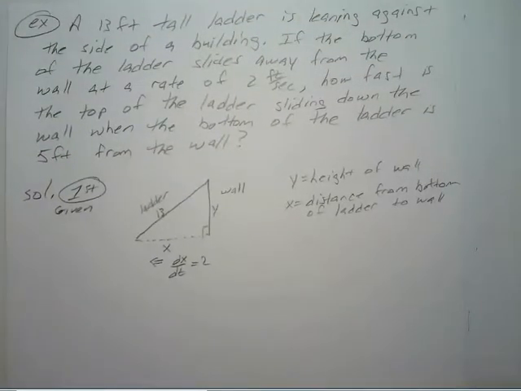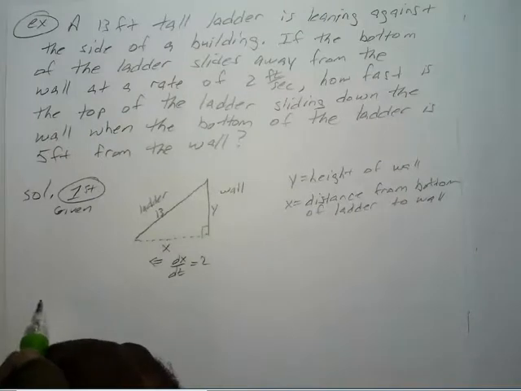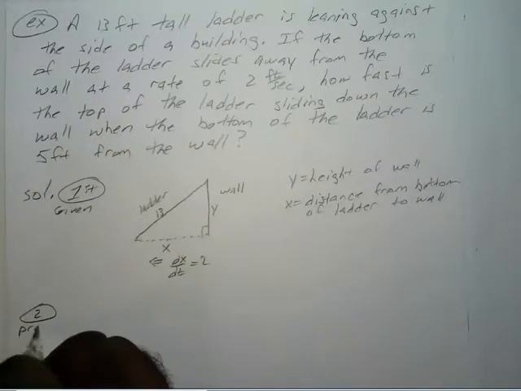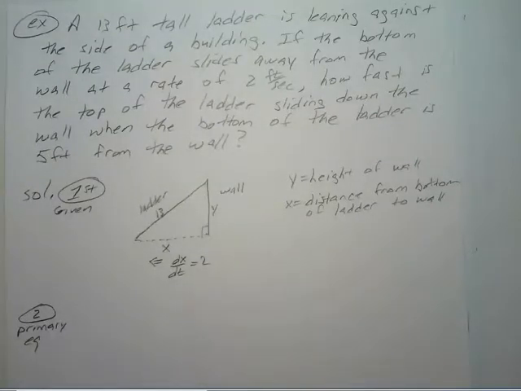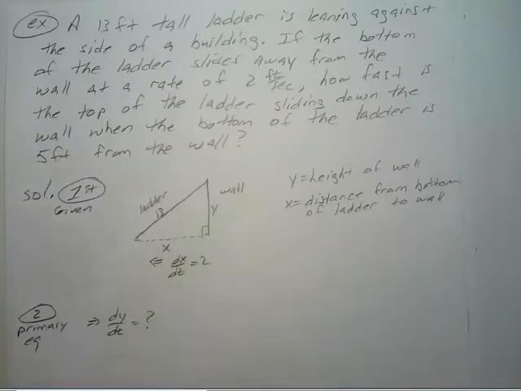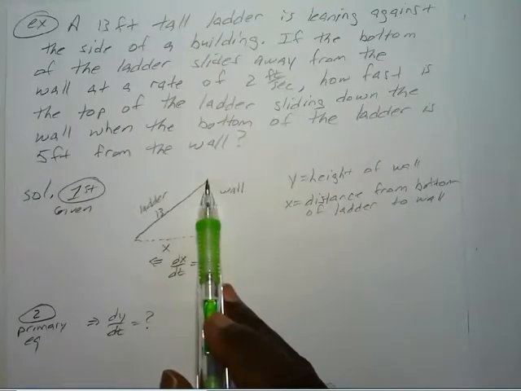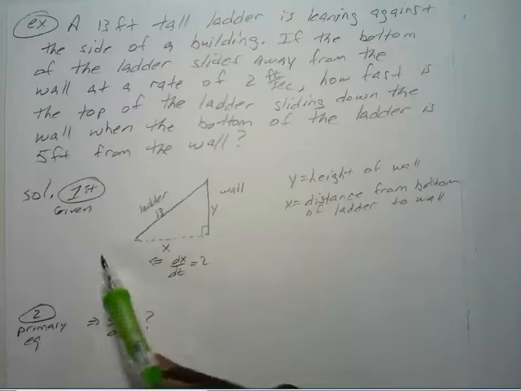Okay, so we need our primary equations. Now, what are we looking for? We're looking for the rate of change of the height of the ladder as it's sliding out.